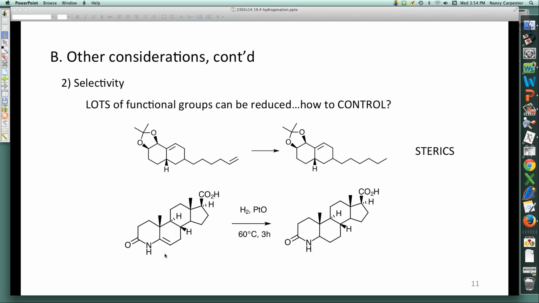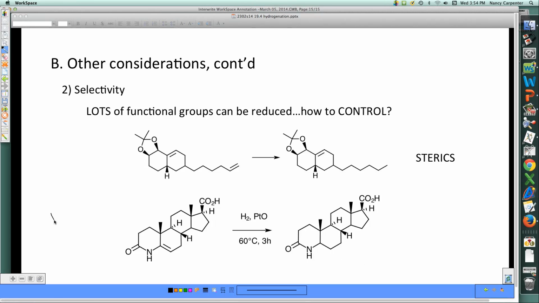Similarly, if we go back and look at this example we saw earlier, this is Propecia again. Like I said, there is a lot of functionality that can be reduced here. This is what we want to reduce, but here's the amide. We can even reduce the carboxylic acid. These are all in high oxidation states that could be potentially reduced down to the alcohol or to the amine. But with the use of hydrogen gas, the alkene is much more reactive, so I have no problem just taking out that double bond.